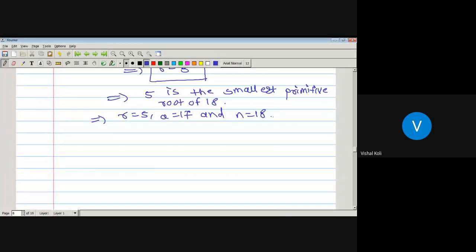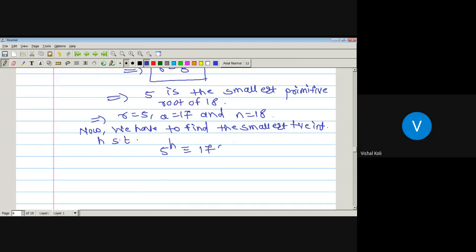Now we have to find the smallest positive integer h such that r to the power h, r is nothing but 5, to the power h is congruent to 17 modulo 18.